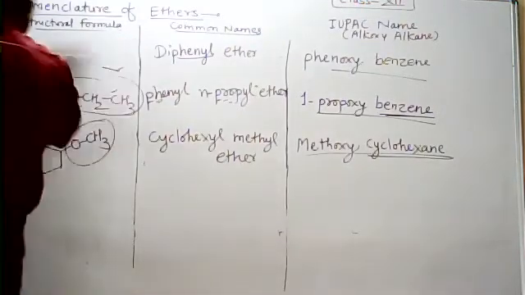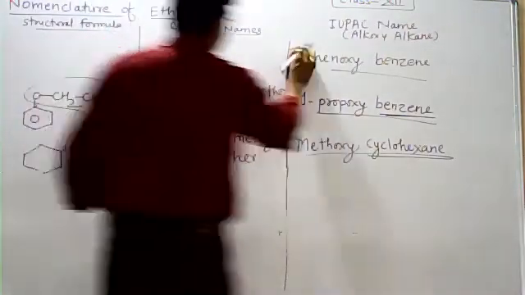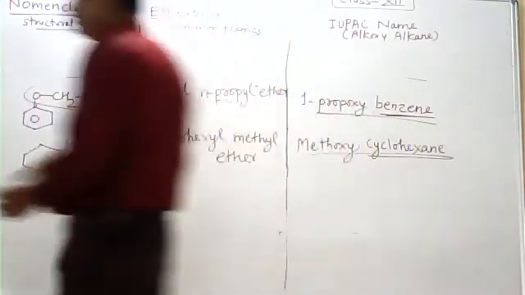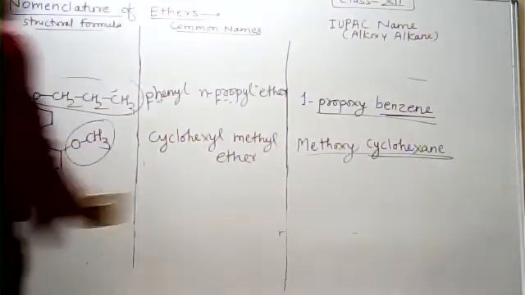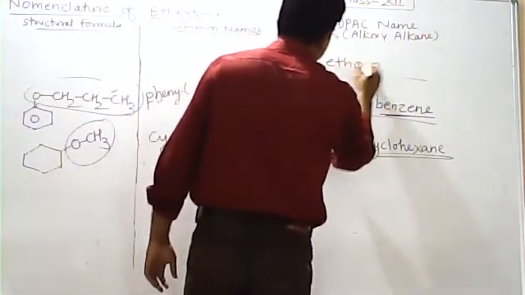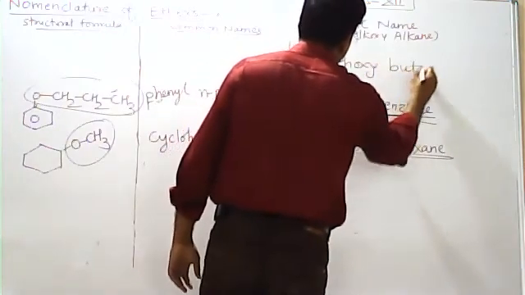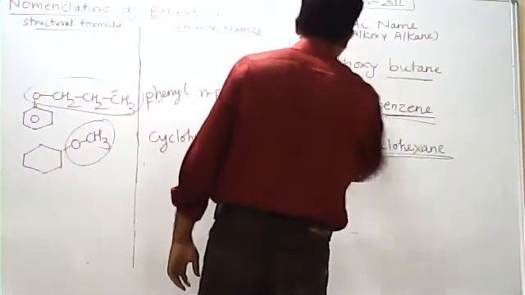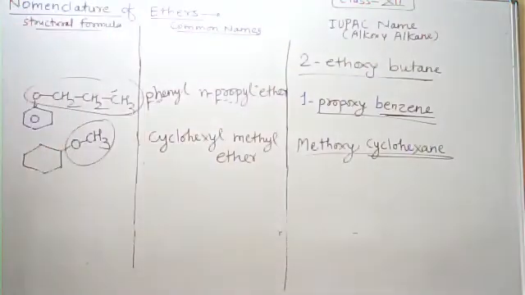Okay. The next one. Suppose the IUPAC name is 2-ethoxybutane. So write the structure of 2-ethoxybutane.